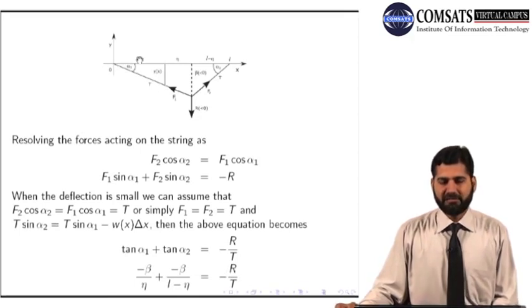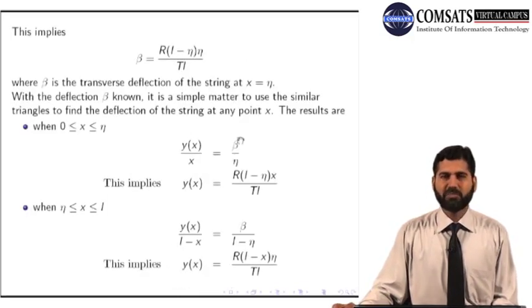Similar triangles means y divided by x should be equal to beta divided by eta, because they are similar. This alpha 2 is the same for these two triangles. This small triangle and this big triangle are similar triangles. In similar triangles, corresponding ratios are equal. So y by x equals beta by eta. This implies y of x is equal to beta, replace this beta, multiplied by x.